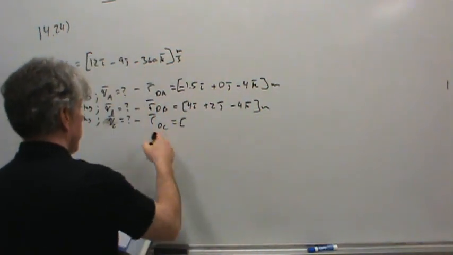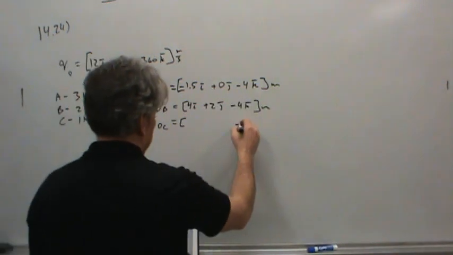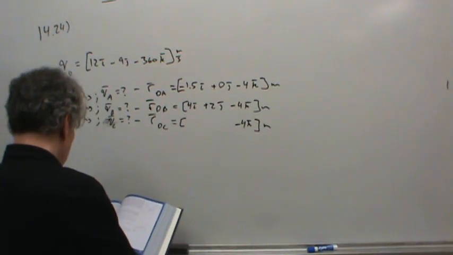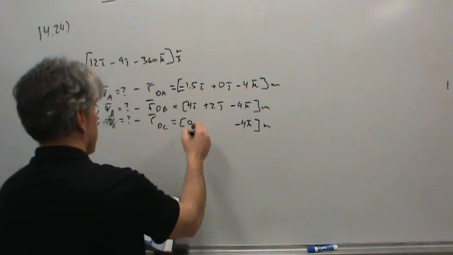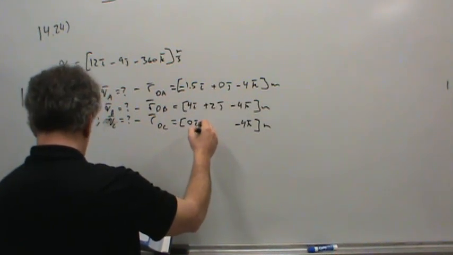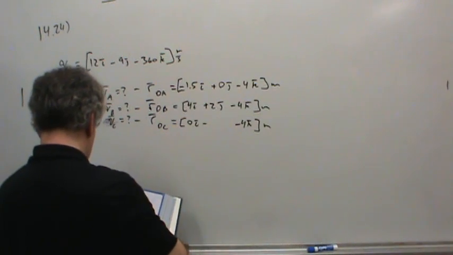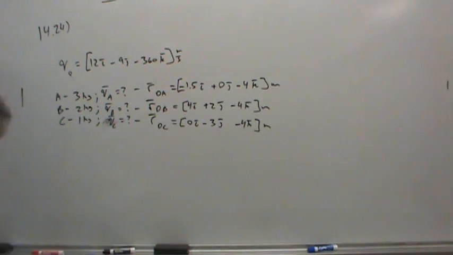And then for D to C, of course we're going to have negative 4k. Let's just write that one down from the beginning. And it looks like we're not going to have any x-axis motion, and we'll drop on the y-axis by, let's see, 3 meters. Okay, so far so good?